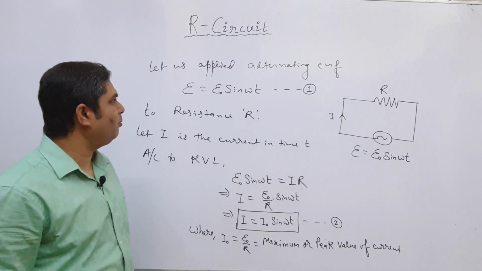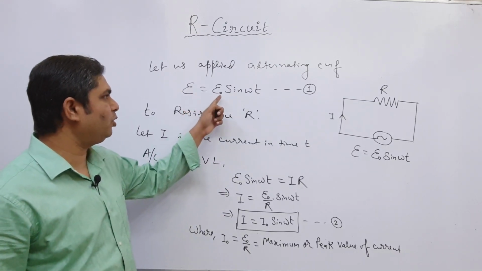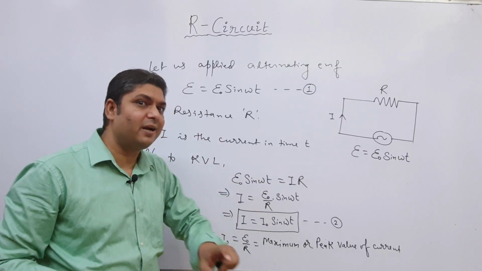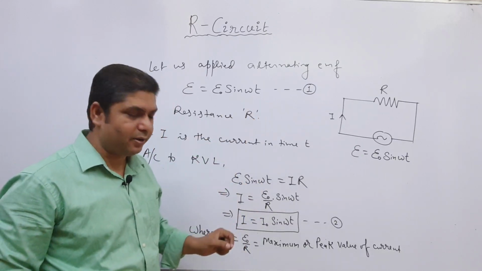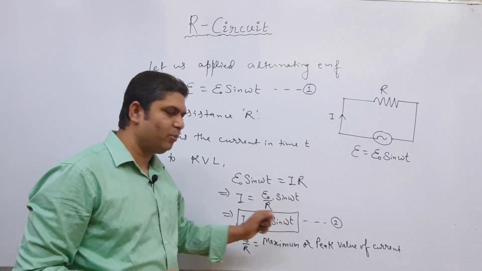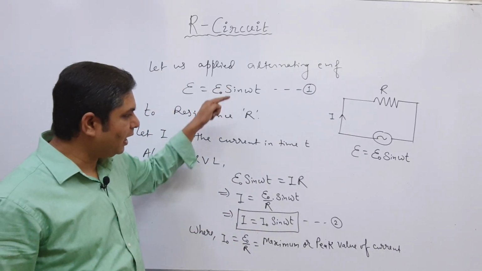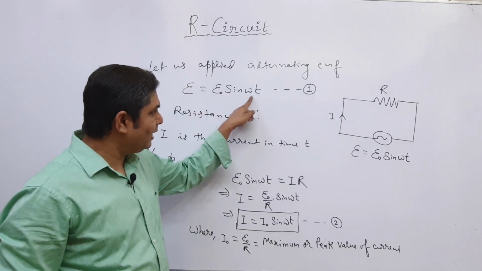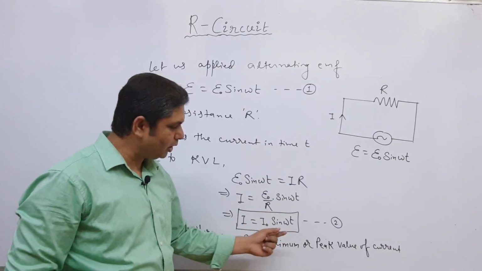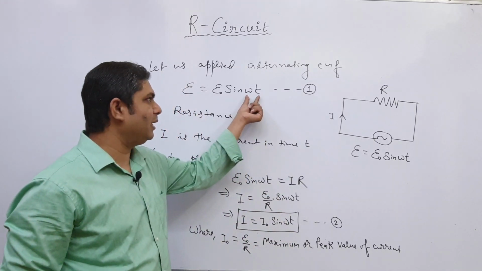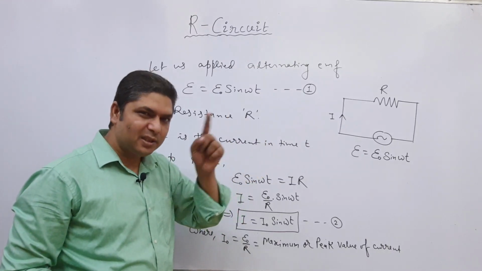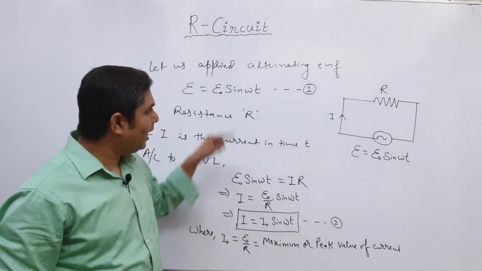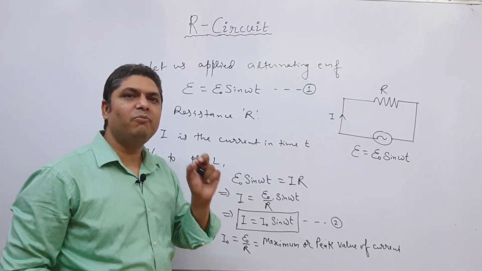Now what you are seeing? From equation number 1, E equals E naught sin omega t is the applied EMF, and the generated alternating current passing through the resistance R is I equals I naught sin omega t. From equations 1 and 2, it is clear that sin omega t is here and sin omega t is here. So omega t minus omega t is equal to 0. This means that current and EMF are in same phase.